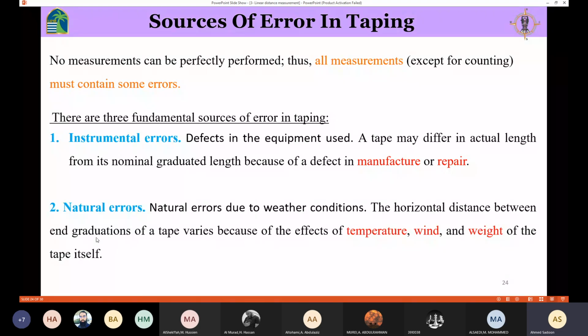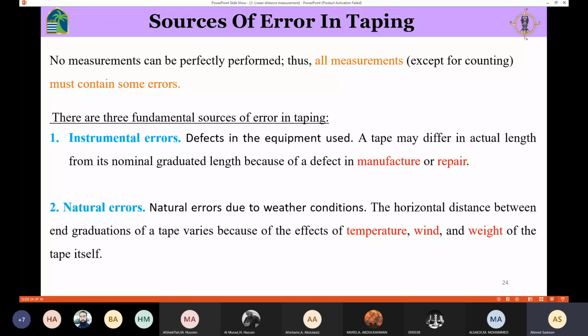Also, we have natural errors. Sometimes you are going to take the measurements and the weather is bad. For example, maybe you have a rise of temperature that is going to affect the tape itself. If you use a steel tape and the temperature rises, the length of the steel tape is going to increase.